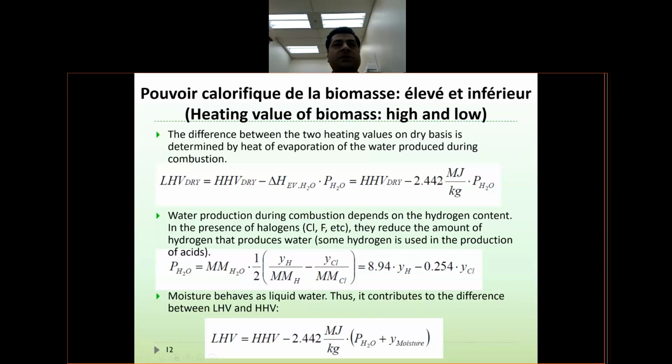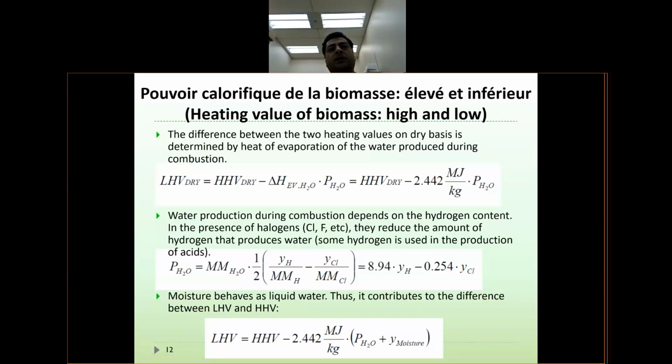It's a very simple equation. But what you have to notice is that usually in any fuel, even biomass, you have halogens like chlorine and fluorine. By having these halogens during the combustion, they can consume some part of the hydrogen of the fuel. For example, Cl reacts with hydrogen and produces HCl.